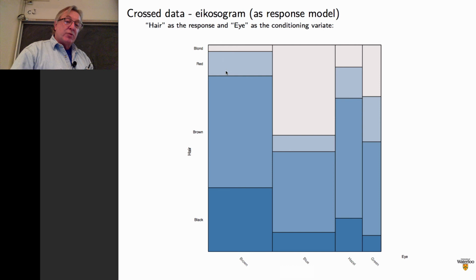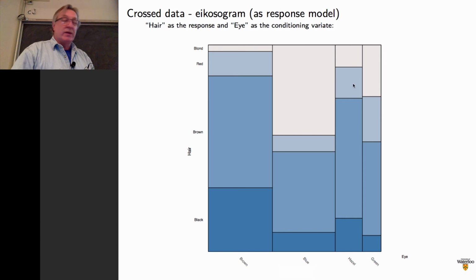So the height of each one of these rectangles is a conditional probability. It's a probability of brown hair given brown eyes. Over here on the top right corner, the height of that rectangle is the probability of having blonde hair given green eyes.